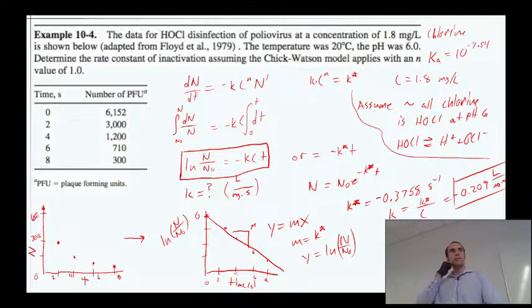Okay, does that make sense? So I wanted to demonstrate this to walk you through how we can go from something in the lab or something practical that we see and can observe back over to these kinetics. Because a lot of what we've been doing is saying, okay, we've got some kinetics, some reaction, let's do mass balance.